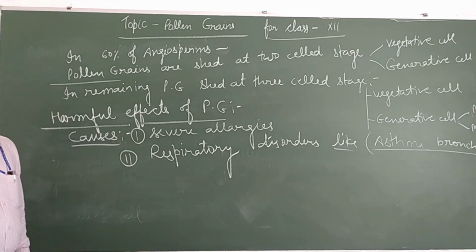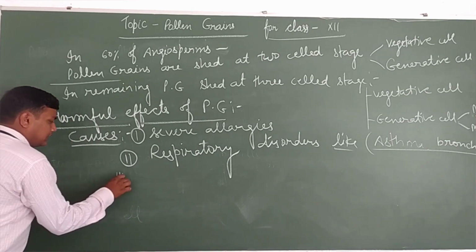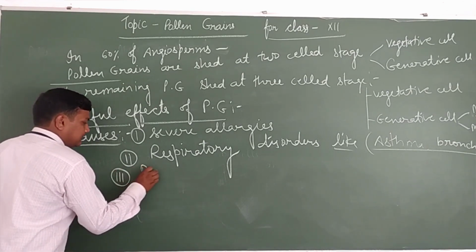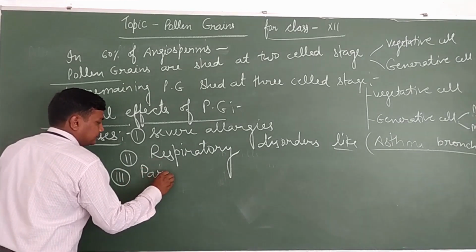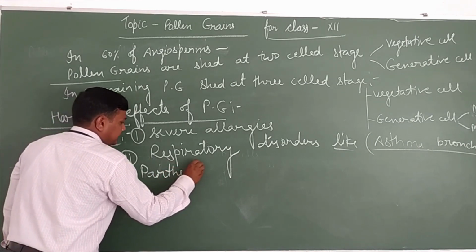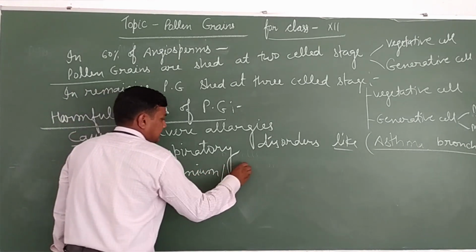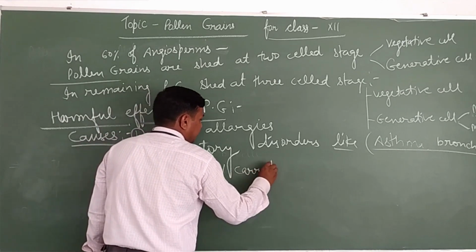There is one more harmful effect, Parthenium. Parthenium is also known as carrot grass.